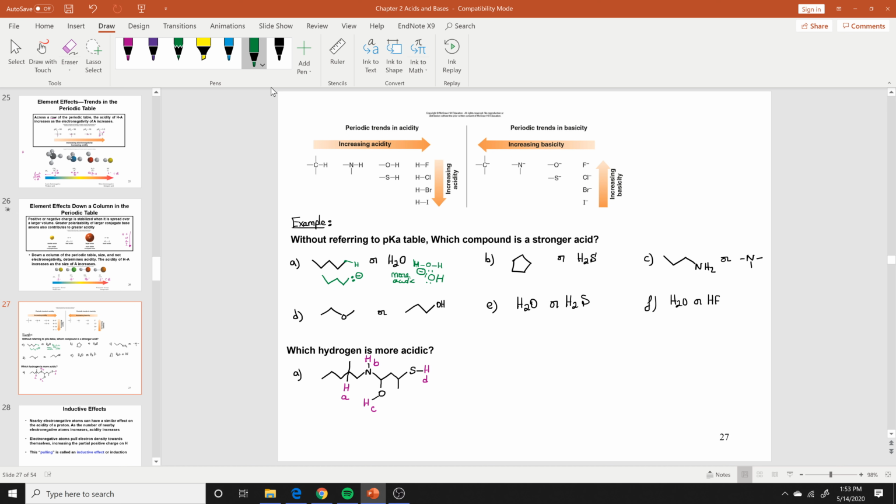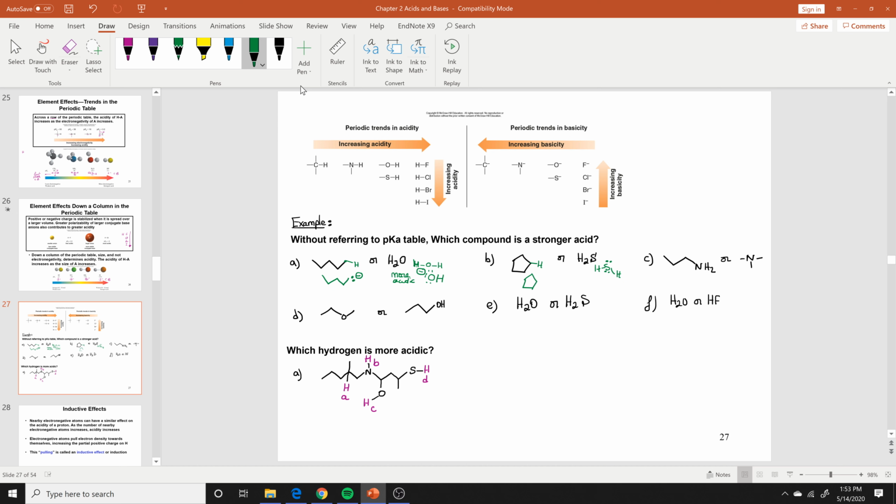Now with respect to a CH and an SH, this is a sulfur over here. So you have your sulfur there and then the hydrogen. Okay, so let's see. You have a CH, you have an SH. Let's change both into their conjugate bases.